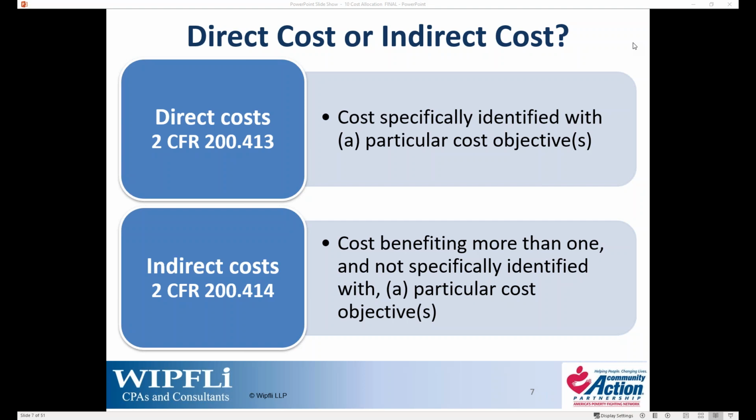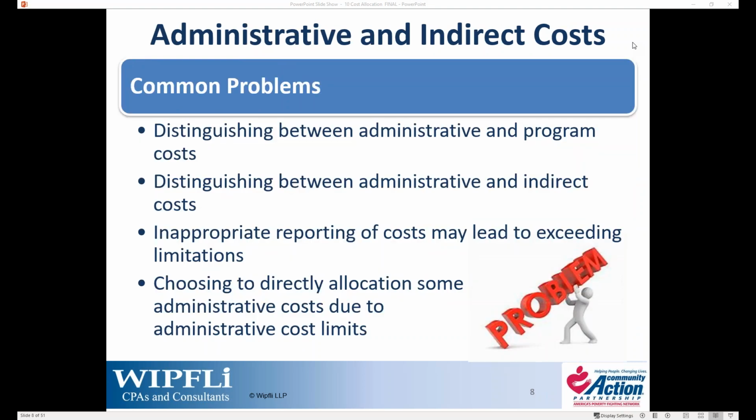And the definition for direct cost said that it's a cost that is specifically identified with a cost objective. Indirect costs, as defined in 200.414, is a cost that benefits more than one and not specifically identified with a particular cost objective. So these are costs that benefit more than one activity.